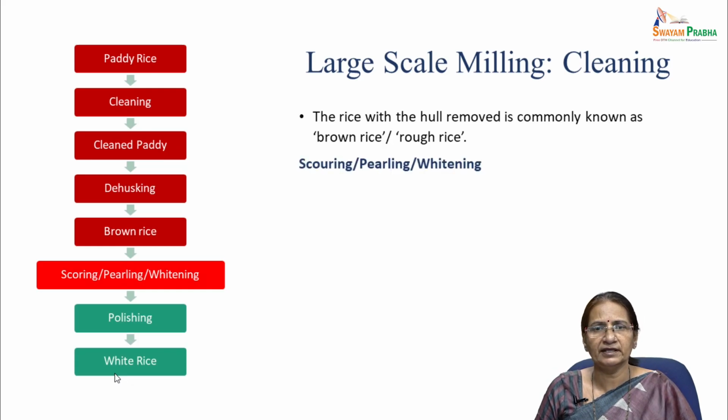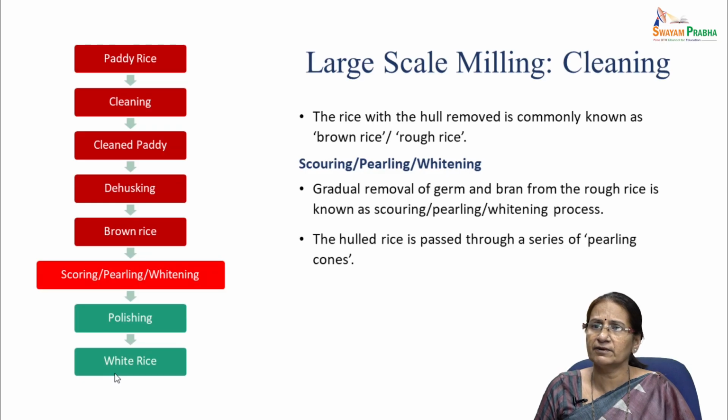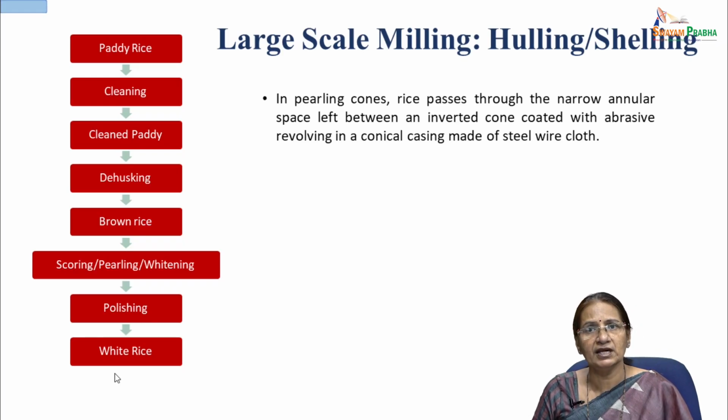Scouring, pearling, and whitening. Gradual removal of germ and bran from the rough rice is known as scouring, pearling, and whitening process. The hulled rice is passed through a series of pearling cones. In pearling cones, rice passes through the narrow annular space left between an inverted cone coated with abrasive revolving in a conical casing made of steel wire cloth.